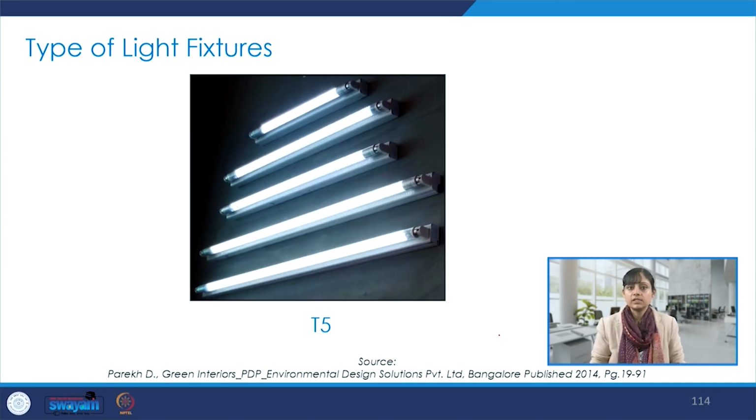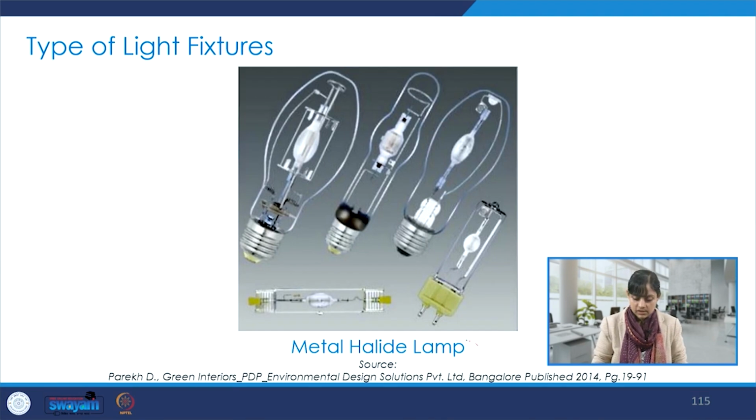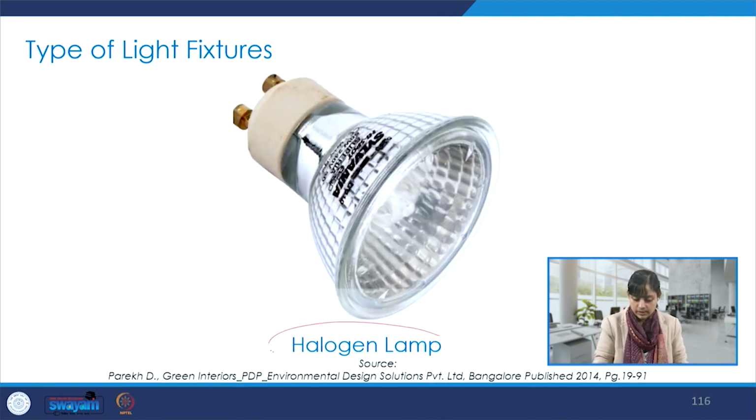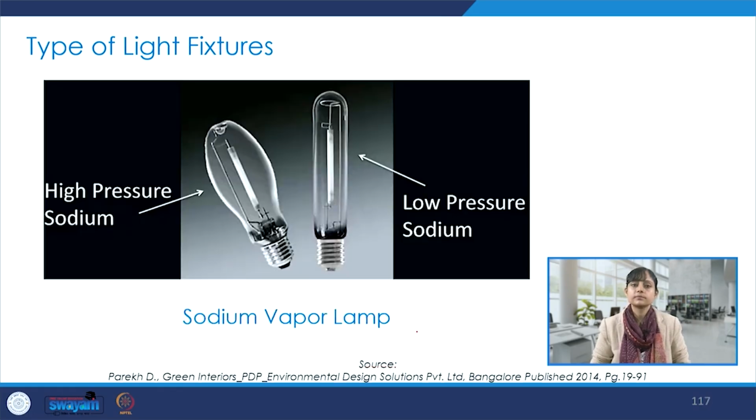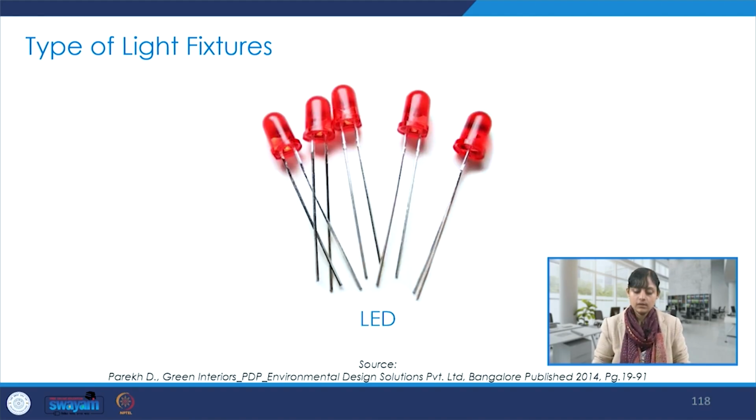There is something known as T5, T8. We have these metal halide lamps. There is halogen lamp that we come across. Sodium vapor lamp over here, and within that also high pressure sodium and low pressure sodium. Of course, there is LED, which is very, very popular and extensively used in all kinds of projects.